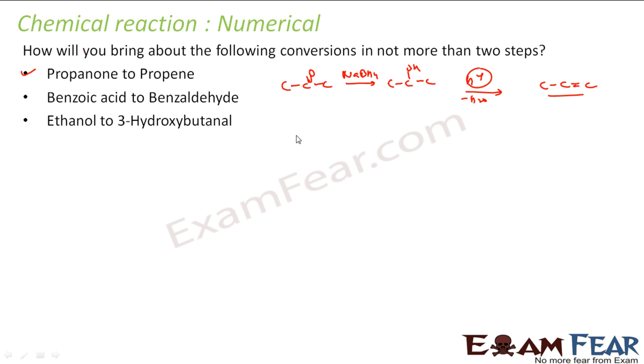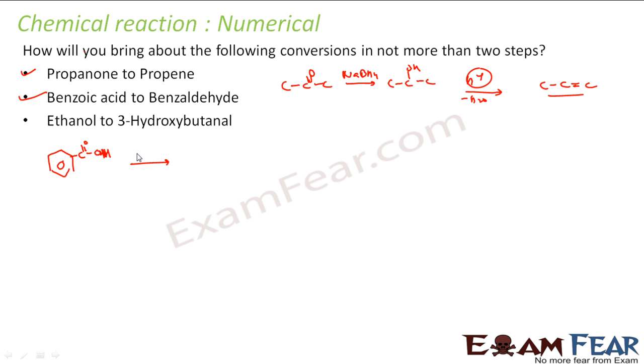This is done. The next is benzoic acid to benzaldehyde. I have this benzoic acid, and I have to make it benzaldehyde, right? So what I can do is convert this OH to Cl and then Cl to H. That's all, right? I'll get benzaldehyde.